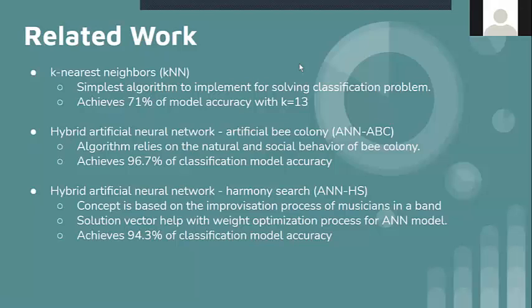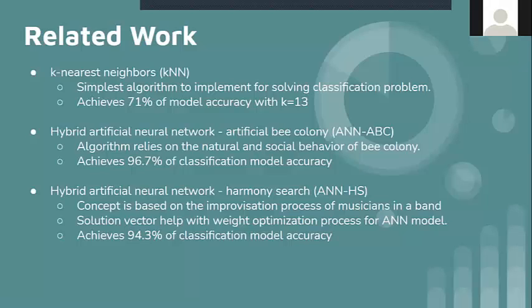They also employed two other techniques. The other one is the hybrid neural network with the artificial bee colony. This algorithm is based on the natural and social behavior of bee colonies. It has different types of bees with different responsibilities: employed bees, onlooker bees, and scout bees. They look for possible solutions, which are depicted in the form of food sources.